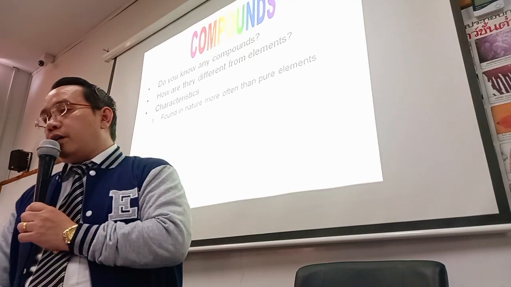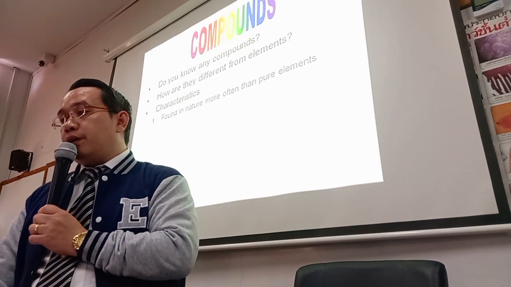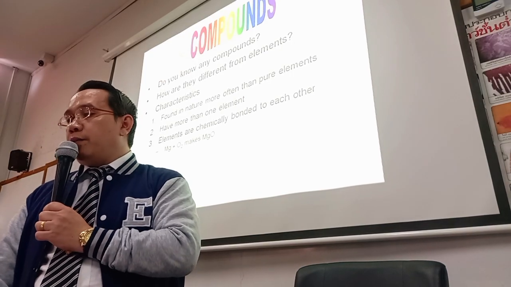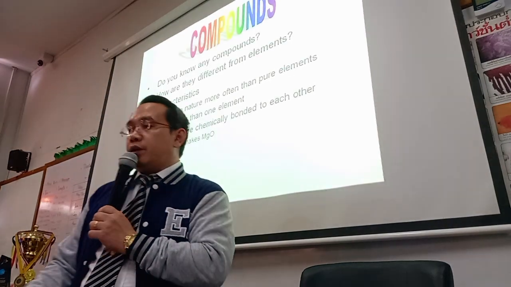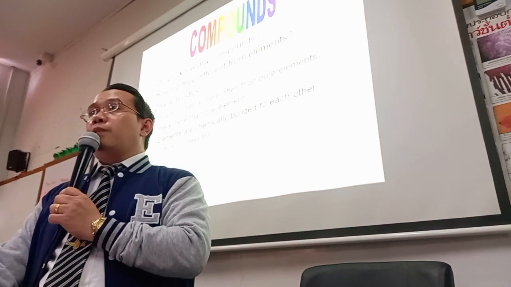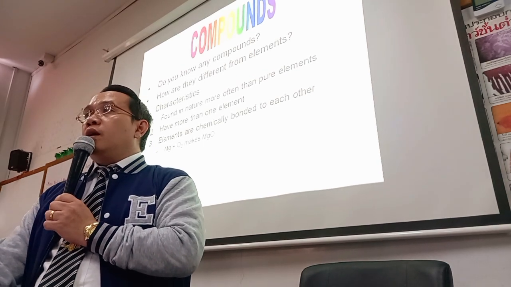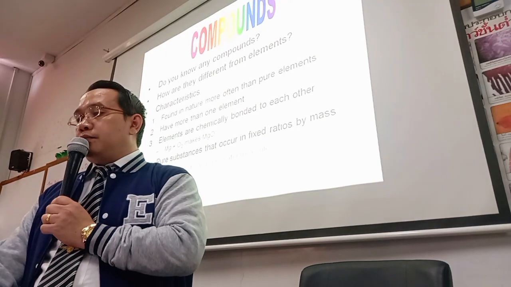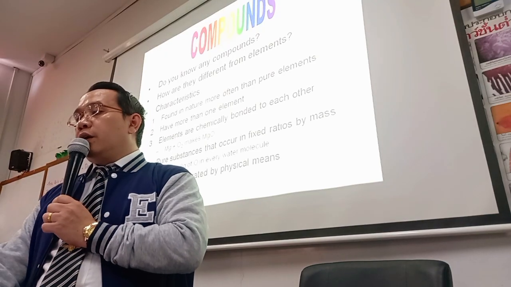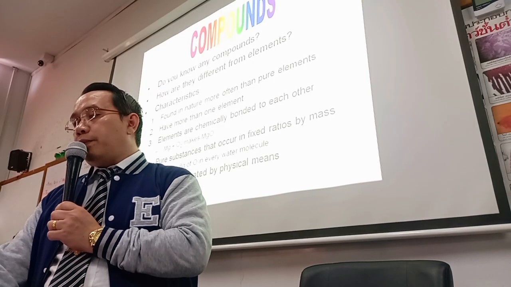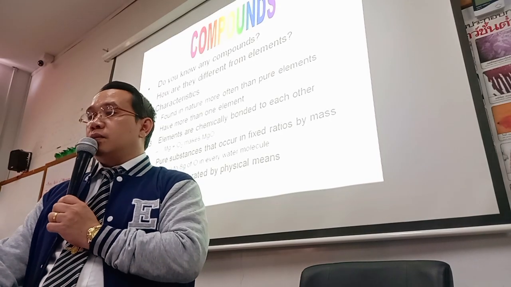They are found in nature more often than pure elements. Elements are chemically bonded to each other. For example, if we combine magnesium and oxygen, we make magnesium oxide. Pure substances occur in fixed ratios by mass and cannot be separated by physical means.